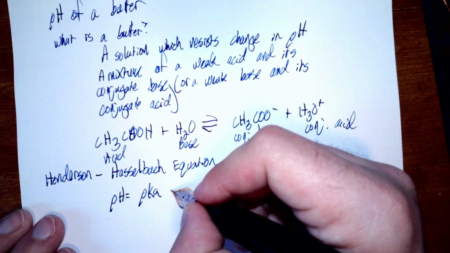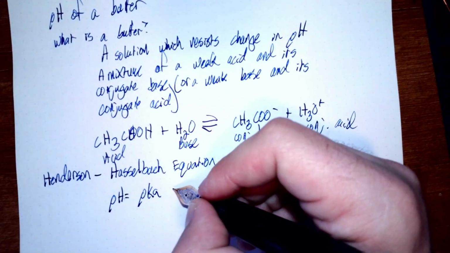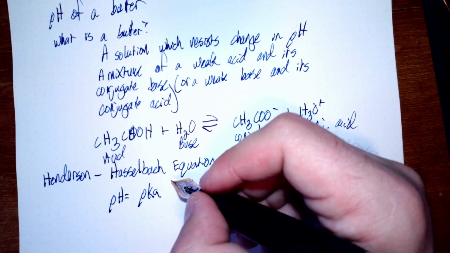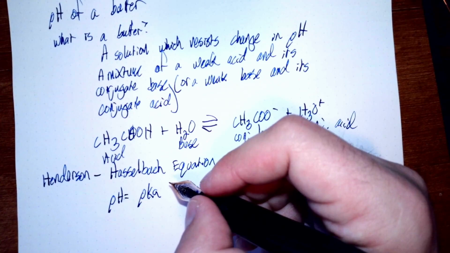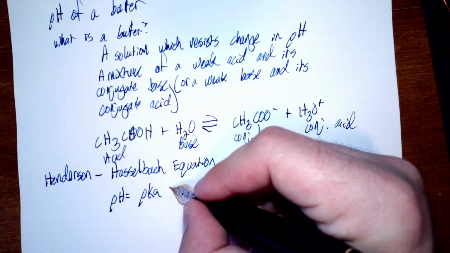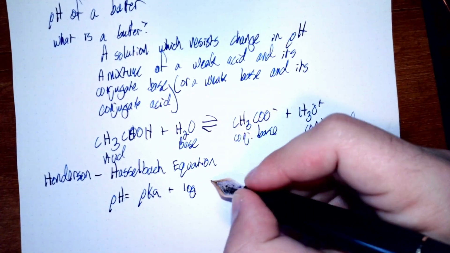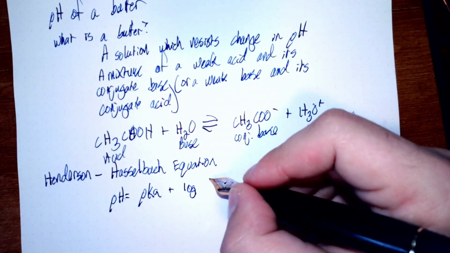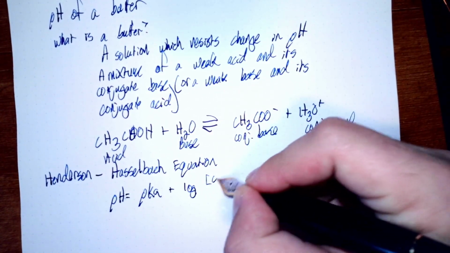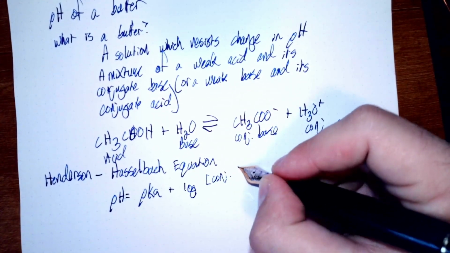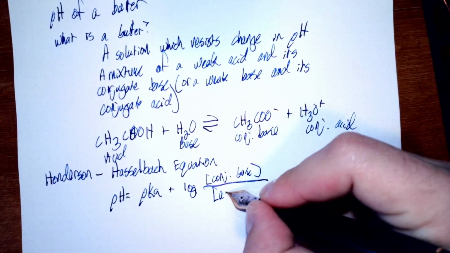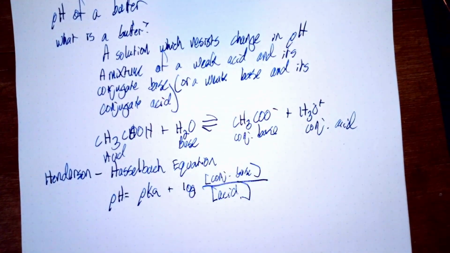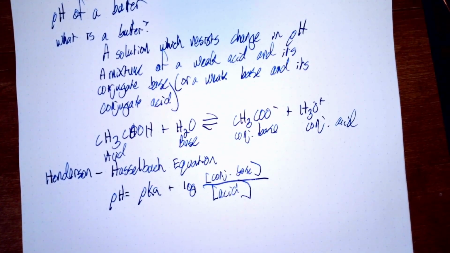I know I haven't talked about that. So it's going to be the pKa plus the log of the concentration of conjugate base over acid.